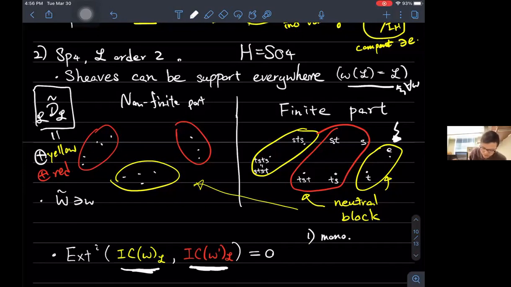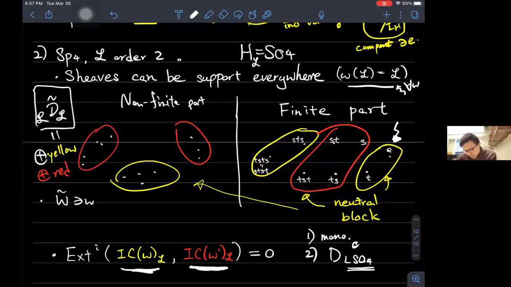Second, this yellow block is isomorphic to the neutral component of LSO4, because SO4 is the endoscopic group. And then the LSO4, the affine flag variety, is disconnected.